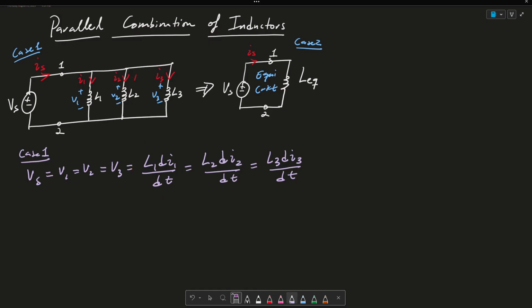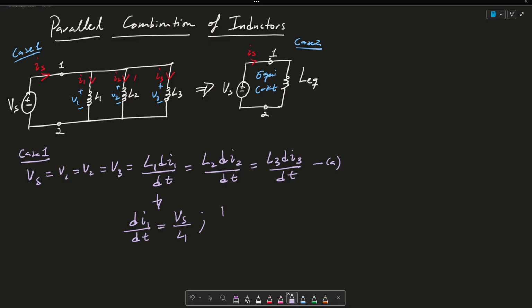Okay, so let me call this set of equations A, and I can write another set of equations using these, and I can say then that di1 over dt is equal to Vs over L1.